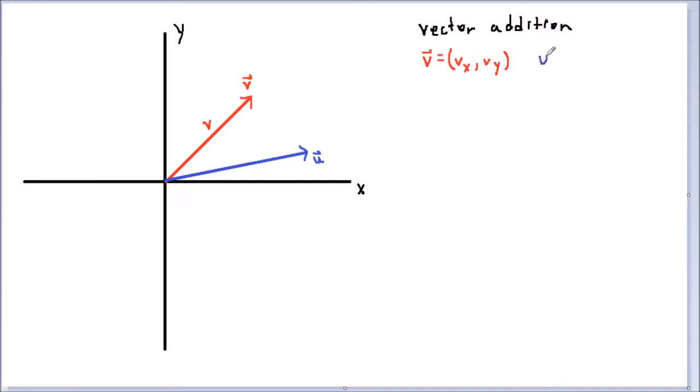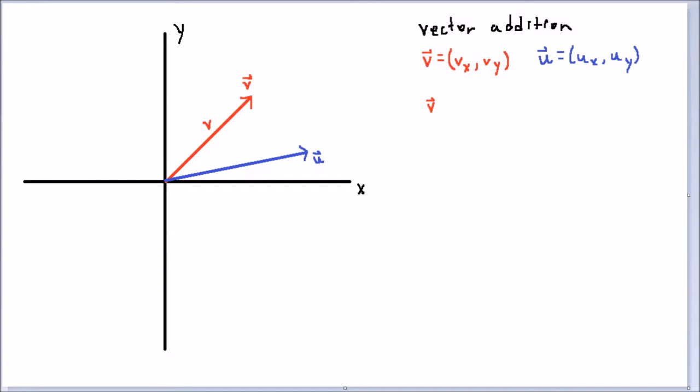And we're going to resolve u into its components, which are going to be u sub x and u sub y. And so we can add these 2 vectors together, this v and u. To do this, we just add the components together individually.